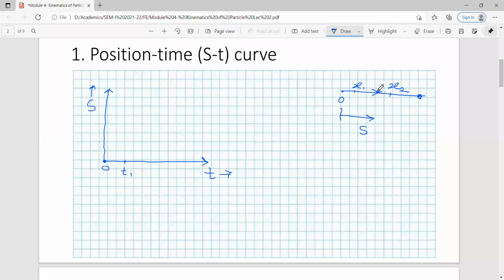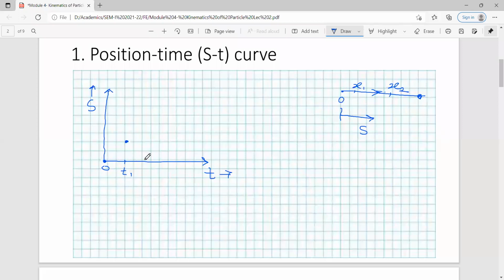So depending on time, I will see what the position of the object is, and I will mark this distance here. At this particular time, say the object has a displacement of 2 blocks. So I am marking the distance on the y-axis.